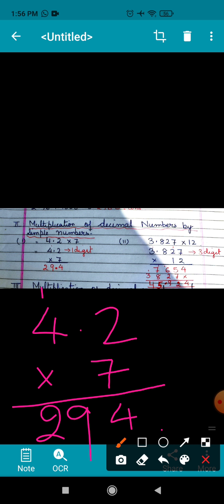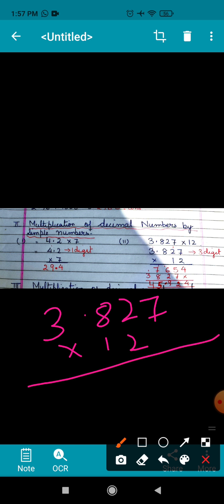Now in the answer we have to put decimal. So here what do you see? After decimal one digit is there. Okay, so in the answer you will put decimal before one digit from the right side. This is your right side and you will put decimal here before one digit, because here after one digit the decimal is here.